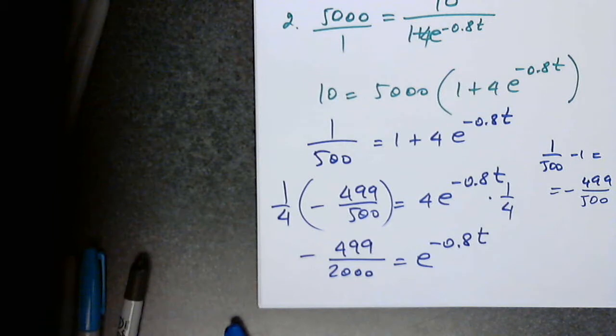So then I remember that the P is in thousands. And they told us 5,000. And we put in 5,000 instead of 5.